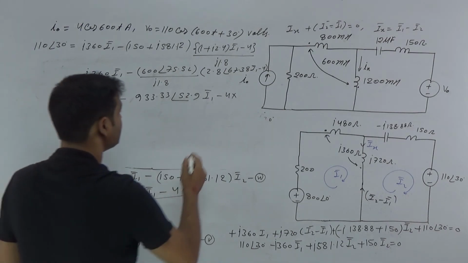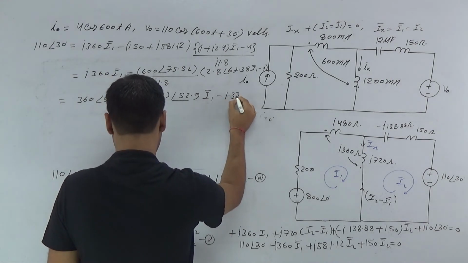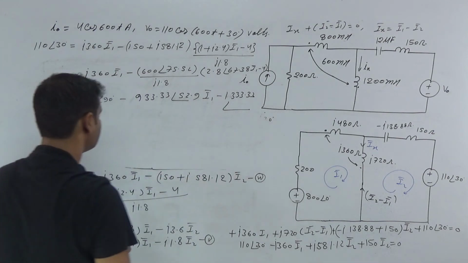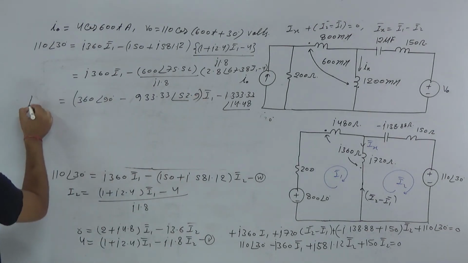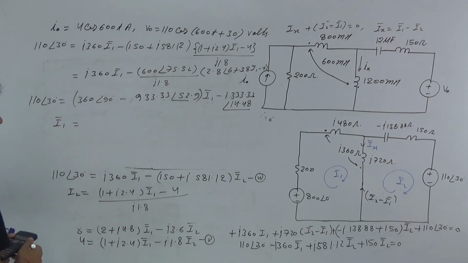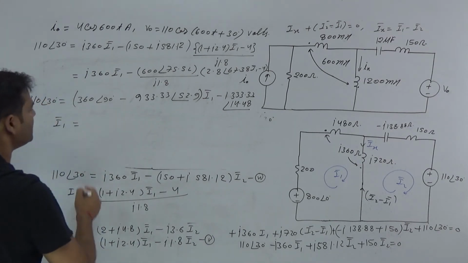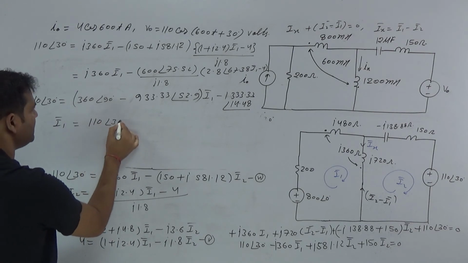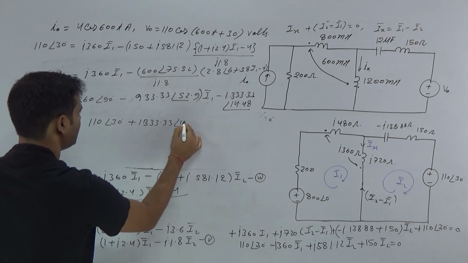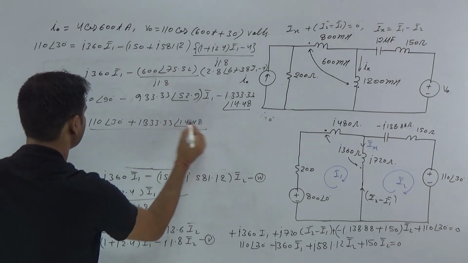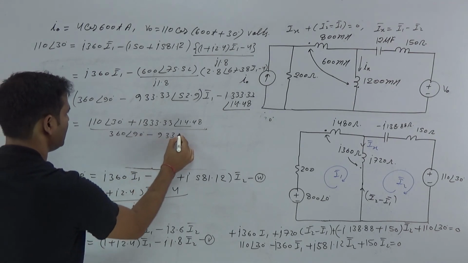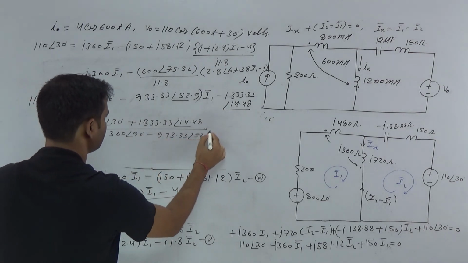We got 1333.33 at the angle into I1 is equal to 110 at the angle plus 30 degrees. So what about I1? I1 is 110 at the angle plus 30 plus 1333.33 at the angle, divided by 360 at the angle 90 degrees minus 933.3 at the angle 52.9.